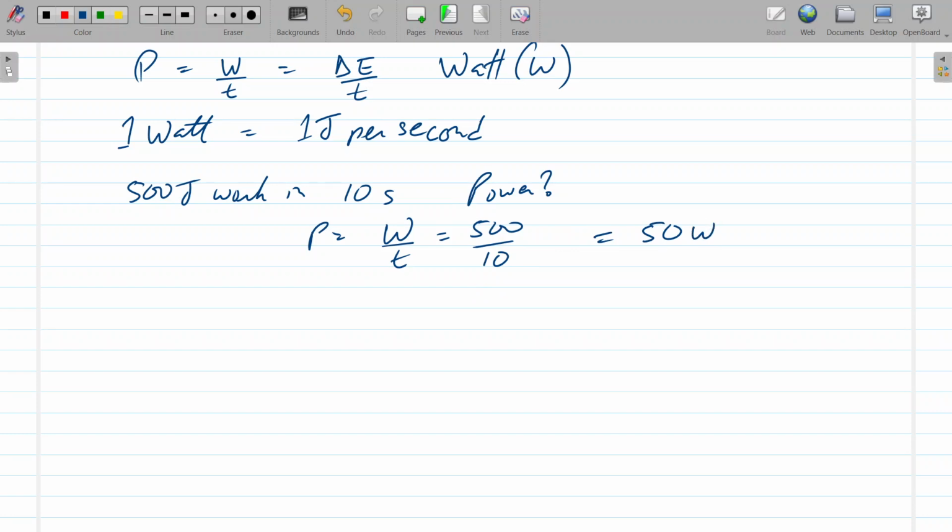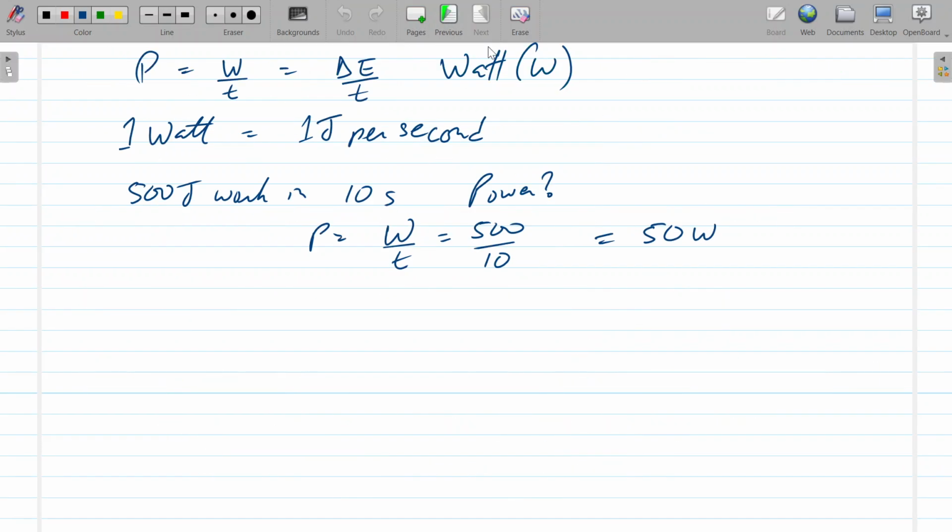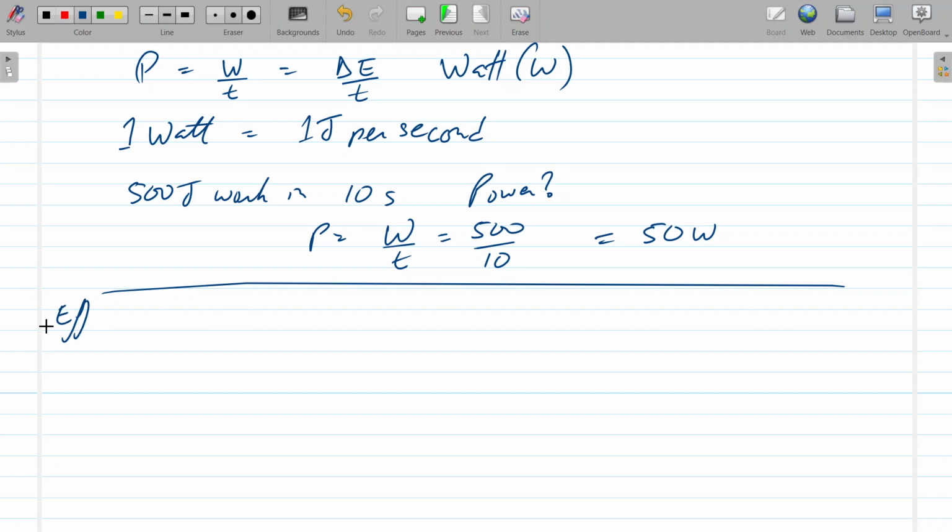Simple. Now, coming back to efficiency, let's just do a calculation for efficiency very quickly and we'll be done. The energy input to an electric motor is 400 joules when raising a load of 200 newtons through a vertical distance of 1.5 meters.